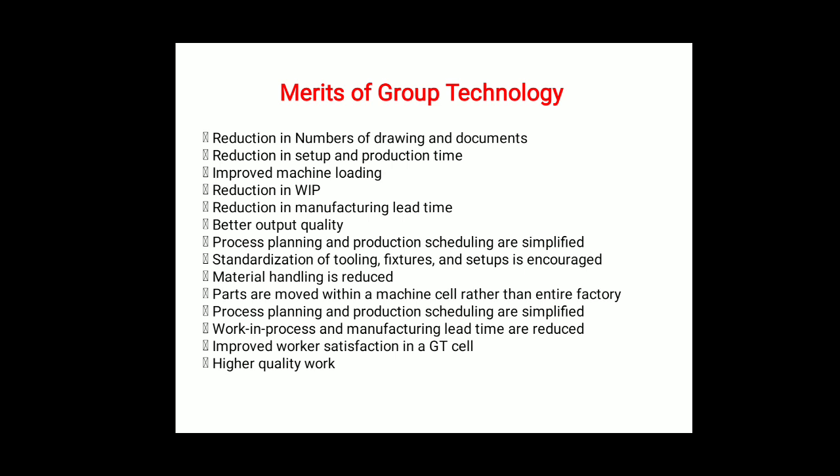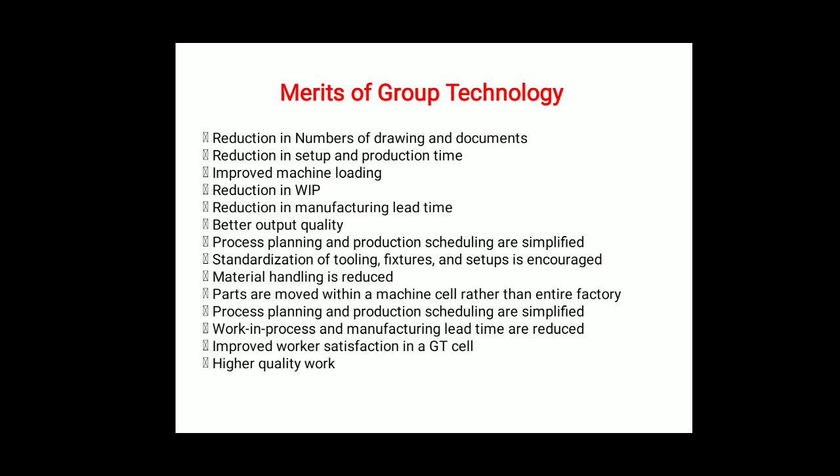Parts are moved within the machine cells rather than throughout the factory. Because of segregating parts of similar size, material is not moved through the whole factory, only within the required manufacturing cells.